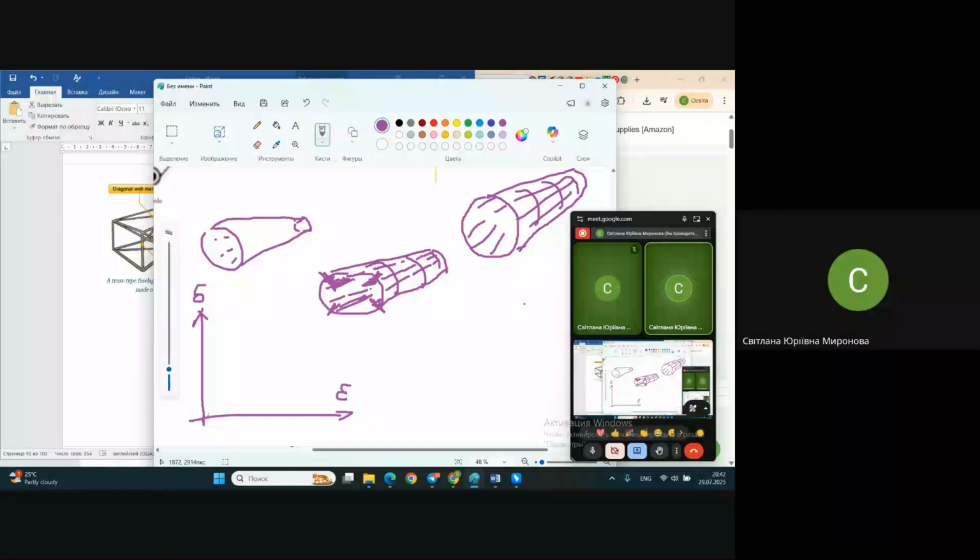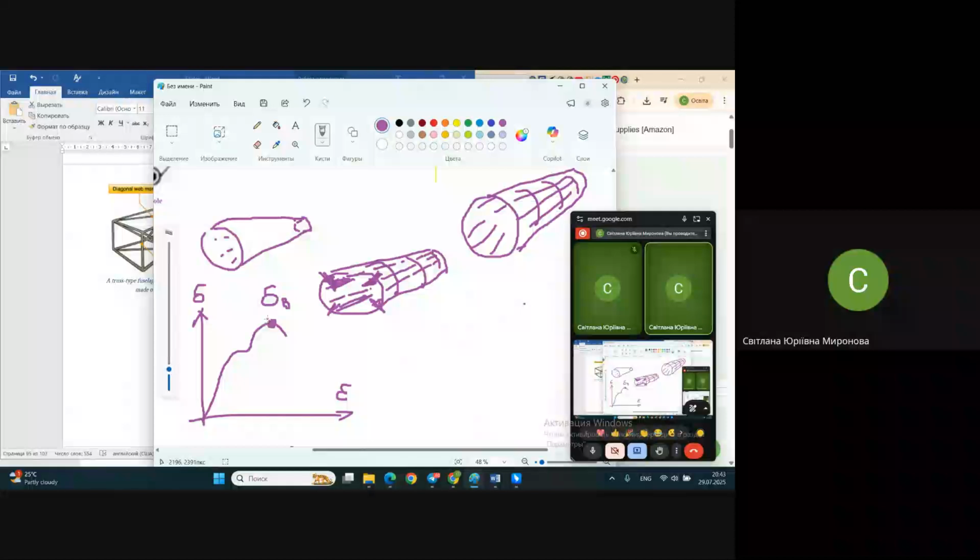With such diagrams, stresses and deformations. And you know that the behavior of material under tension looks like this. And here we have some maximum possible stress the material may stand. And after this point, the material will just be broken.